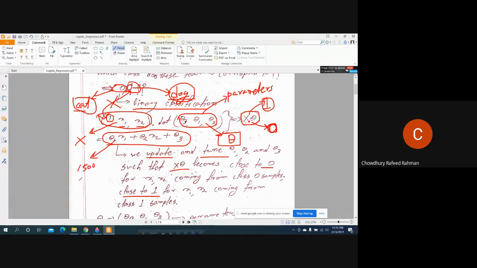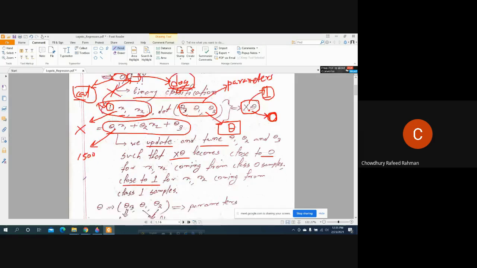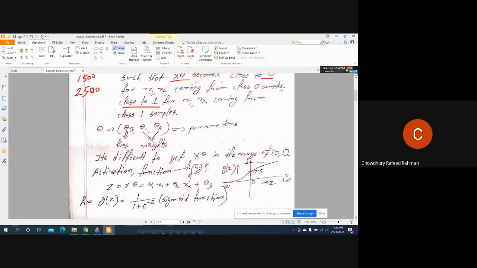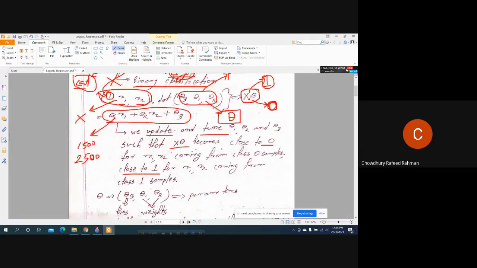Or maybe 2,500. This value may be anything, because this is just a dot product, which is a combination of multiplication and addition. So this is actually difficult to achieve. We can barely bring this value close to 1 or close to 0.